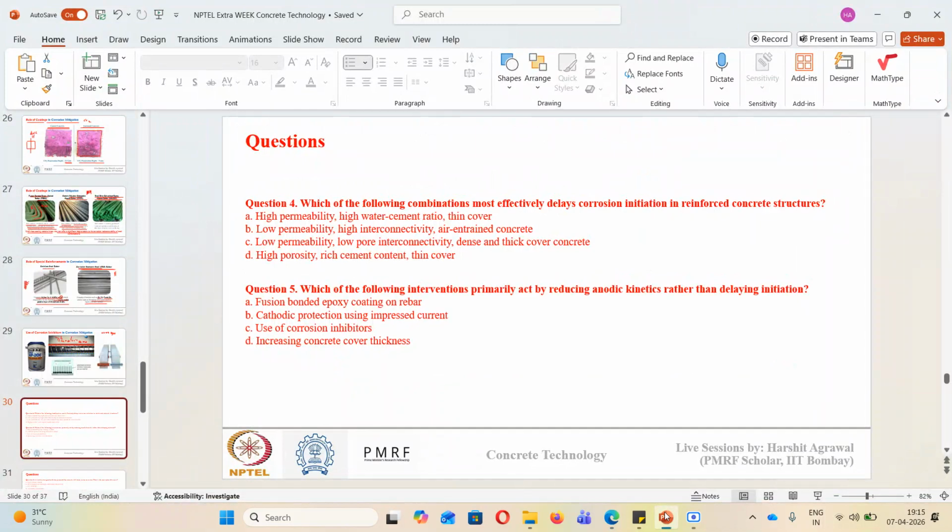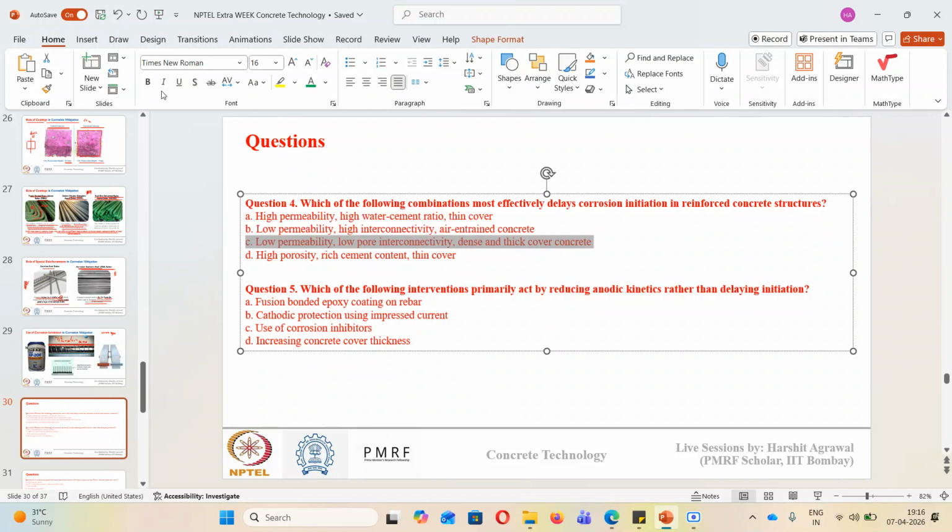What will be the answer for question number 4? Question number 4 answer is C. Low permeability. Yes, the correct answer is C.